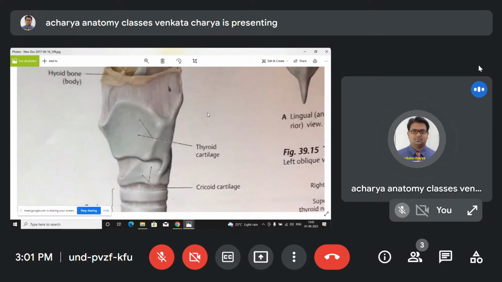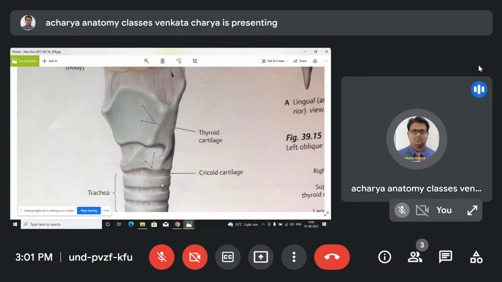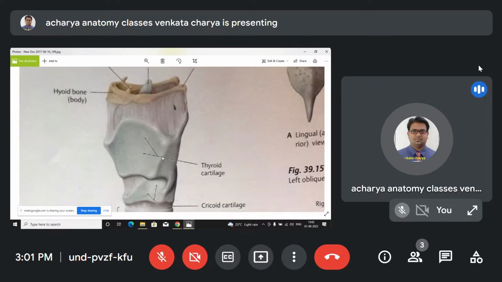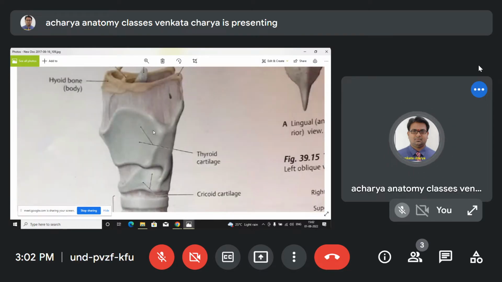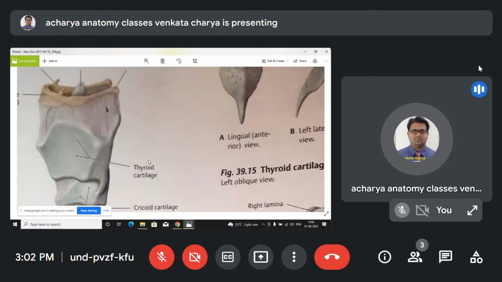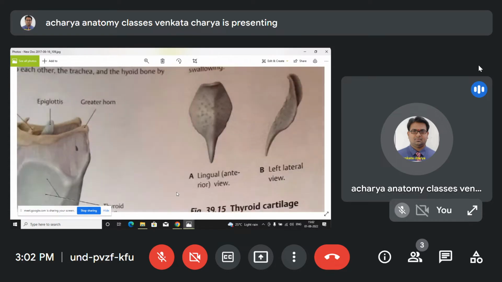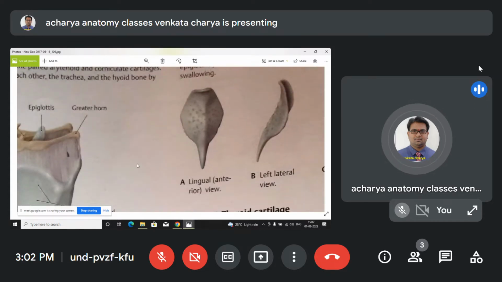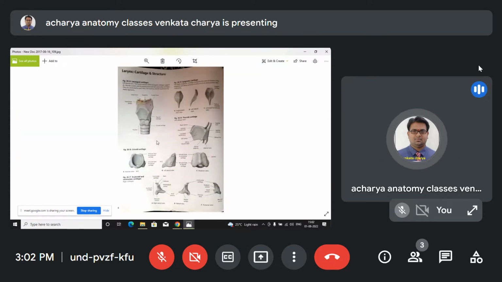This is the larynx completely, and here is the trachea. Paired means 2, unpaired means single.